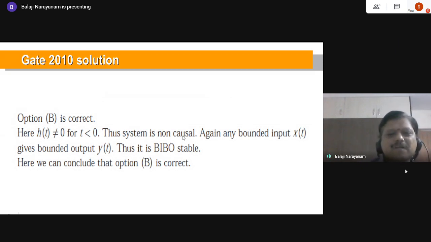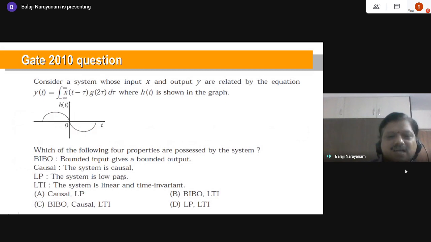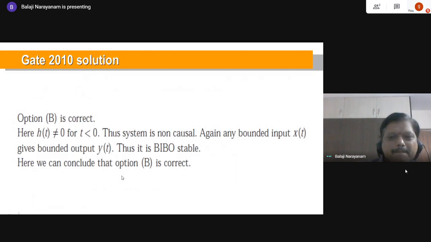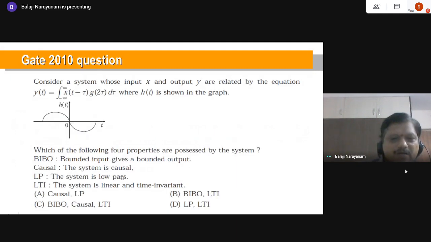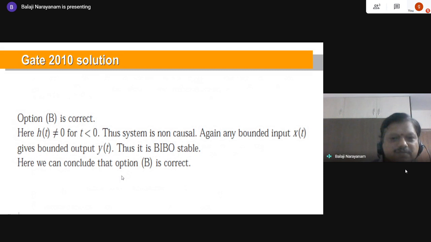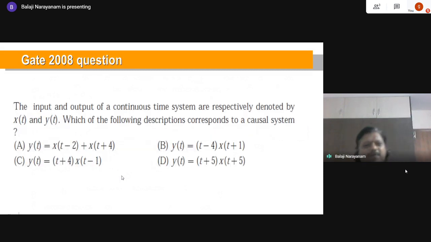Again, any bounded input x of t is definitely going to give us a bounded output, thus it is BIBO stable. Hence we may conclude that the given system is non-causal as well as BIBO stable. So the option given is to be properly identified. So again, another GATE question.